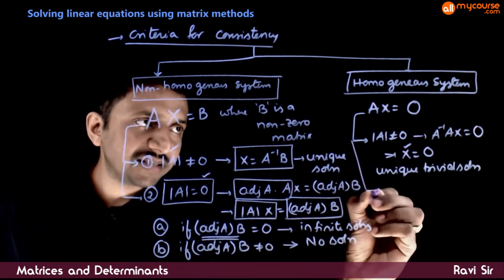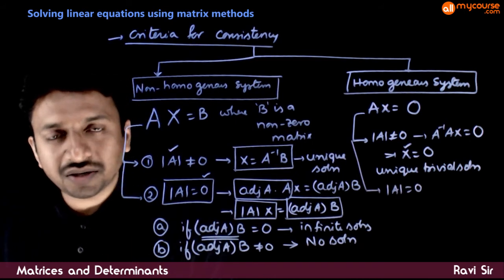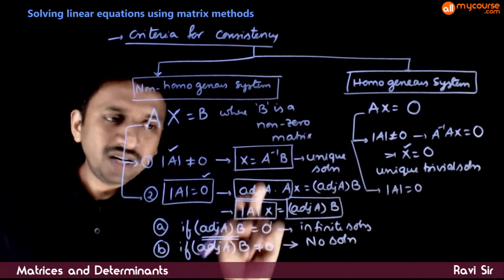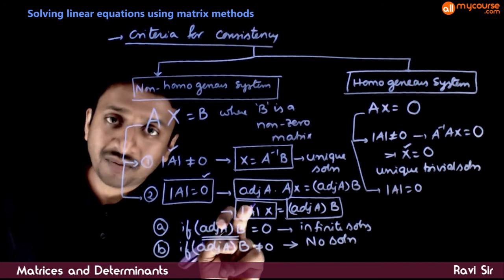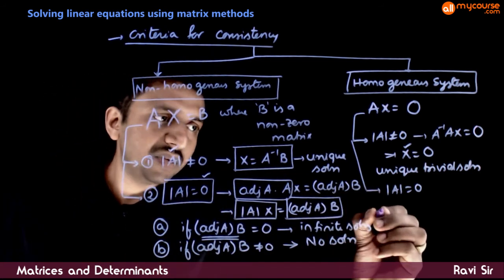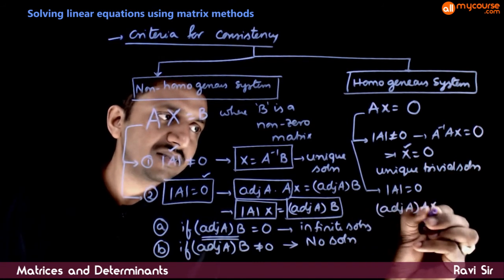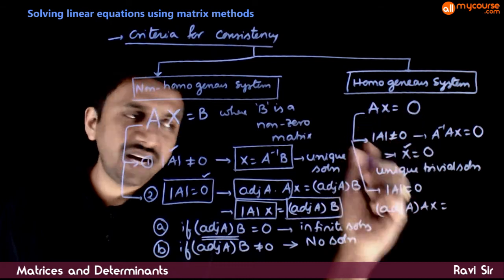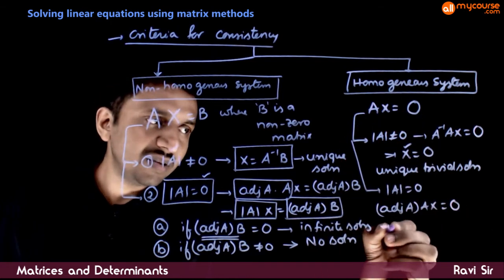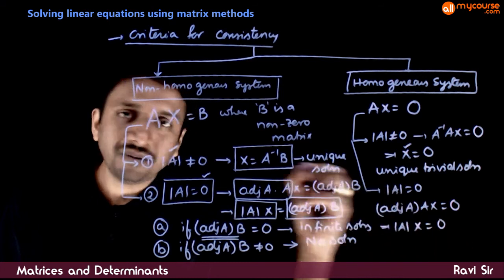In the second case, if det A is equal to 0, we do the same thing. Instead of multiplying with A inverse, we multiply both sides with adjoint of A. So adjoint of A times AX is equal to adjoint of A times 0, which is 0. This implies det A times X is equal to 0.